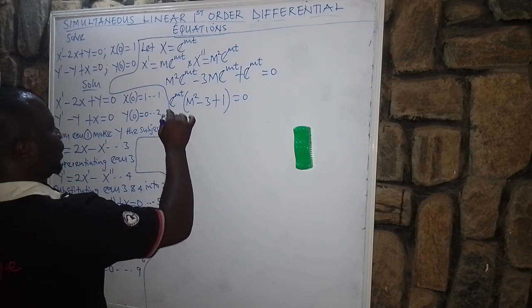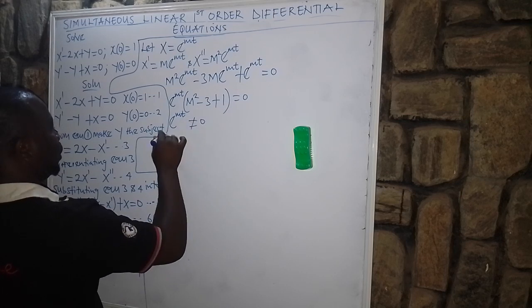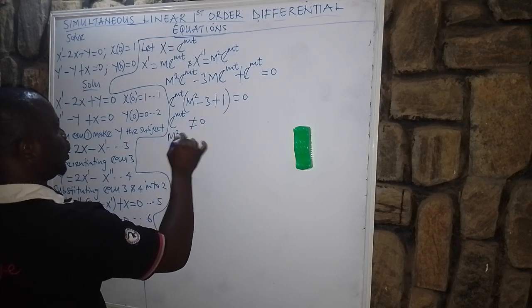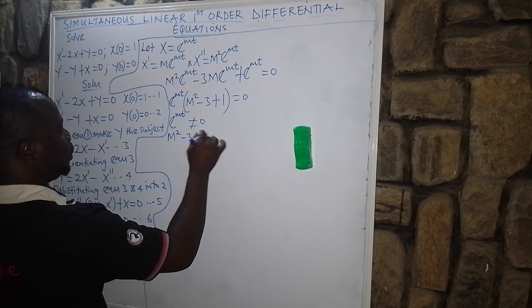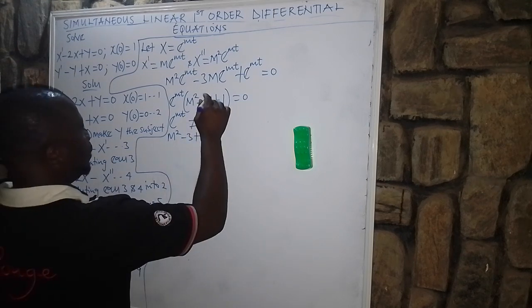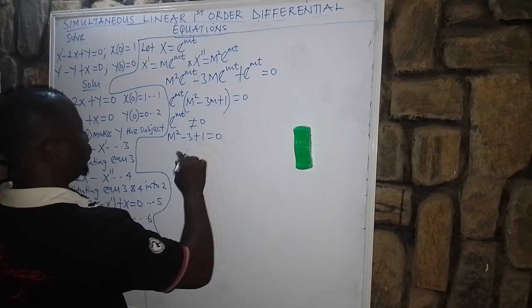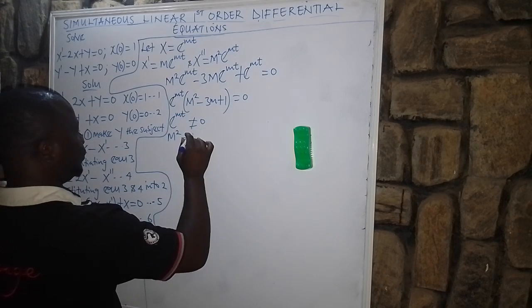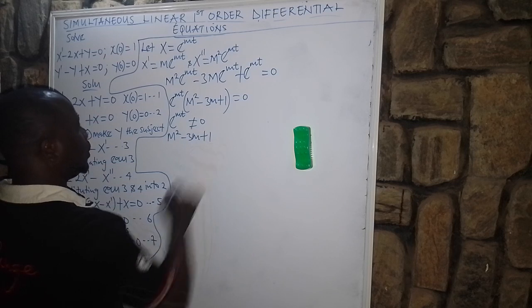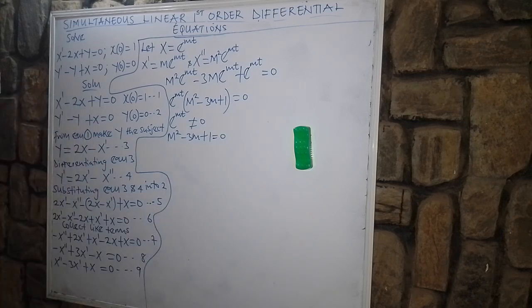So if exponential mt is not equal to 0, then m squared minus 3m plus 1 equals 0. Sorry, this is 3m. Do you agree with me? I hope you are following.